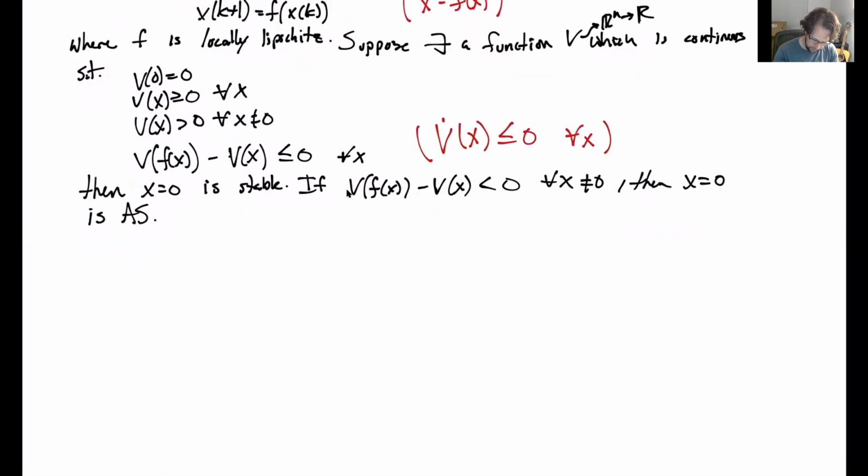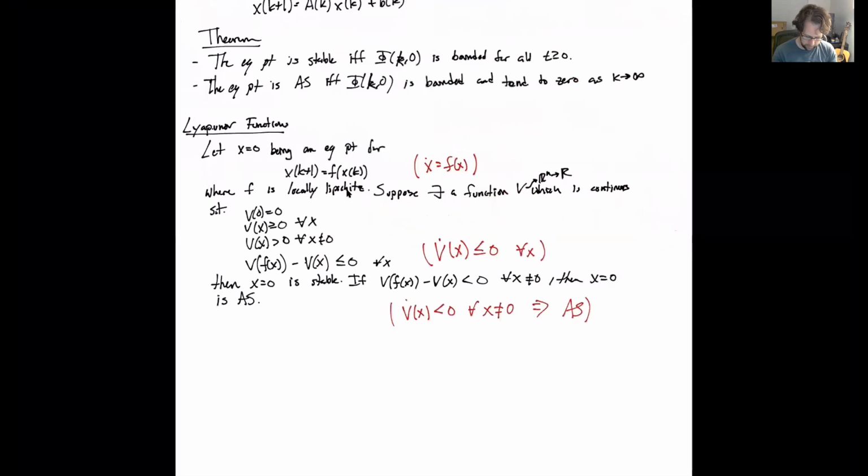And if we have that V dot of x is strictly less than 0 for all x not equal to the equilibrium point, then we get asymptotic stability. So yeah, it's very similar.